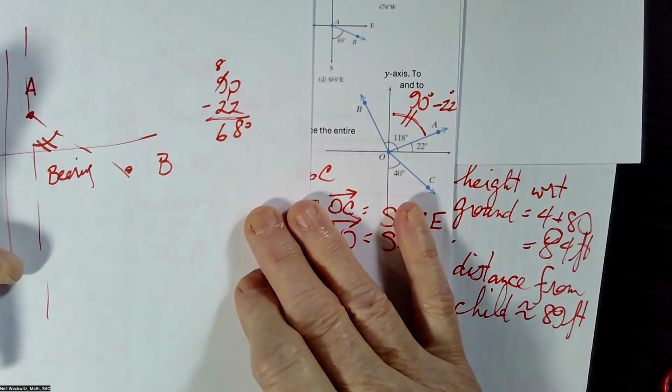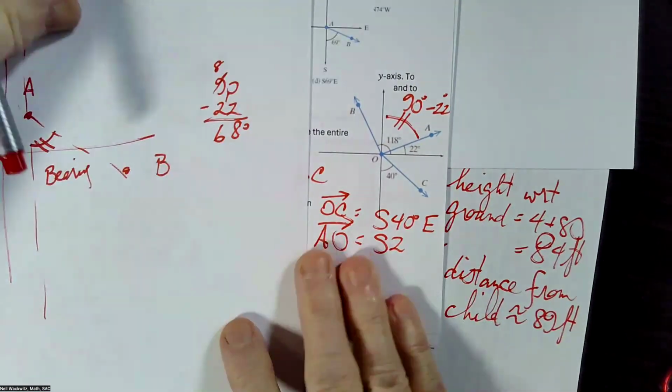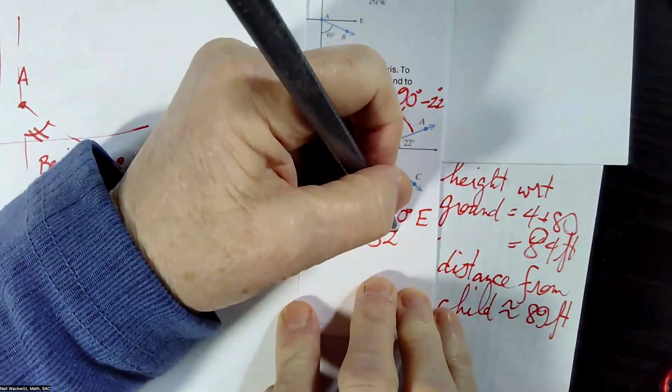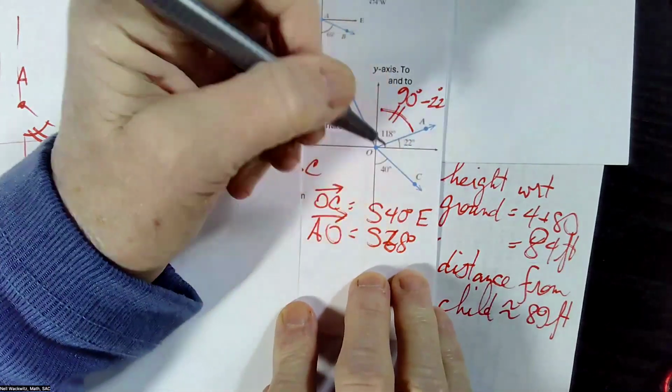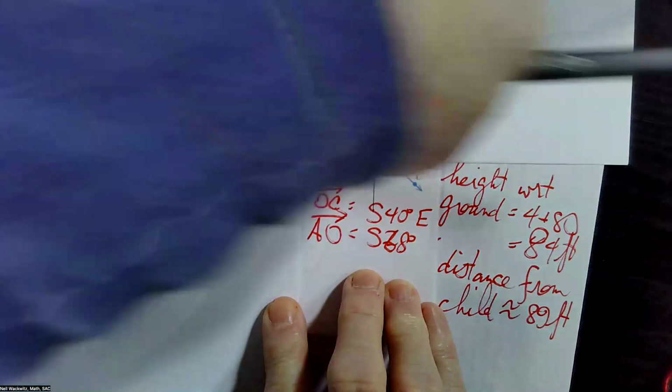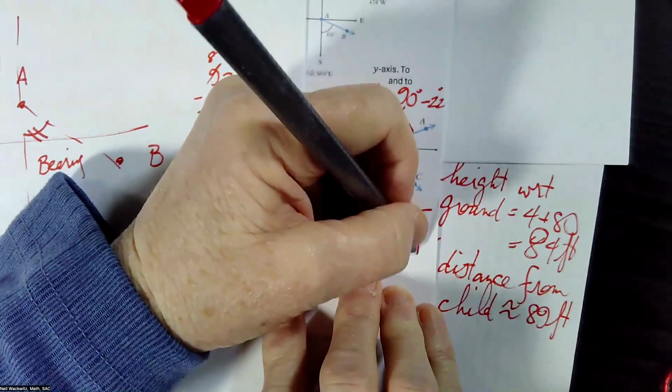So 68 degrees. So it'll be south 68 degrees. We're going to the left, so that's west.